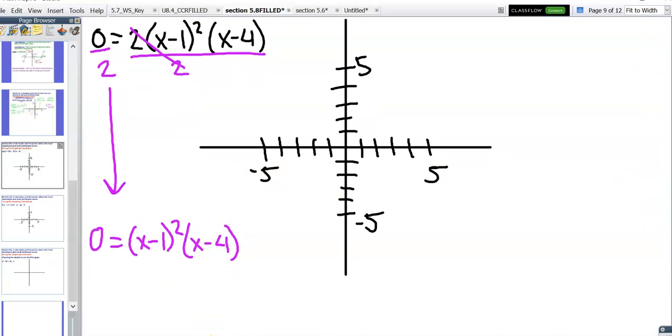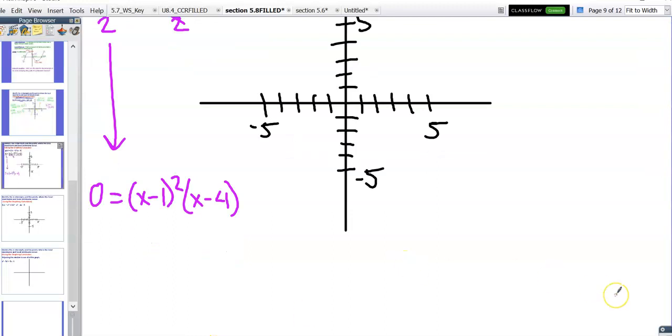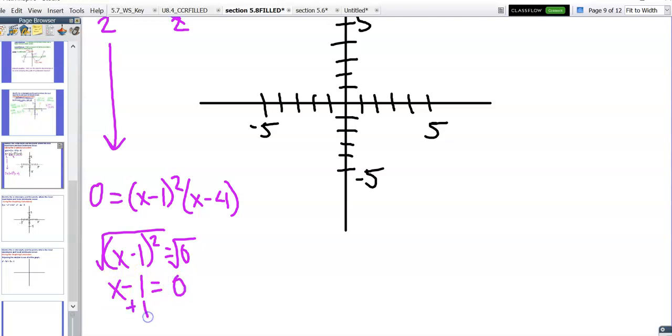And then set both x minus 1 squared equal to 0 and x minus 4 equal to 0 and solve. Take the square root of both sides. So for us, our first answer is x equals 1.